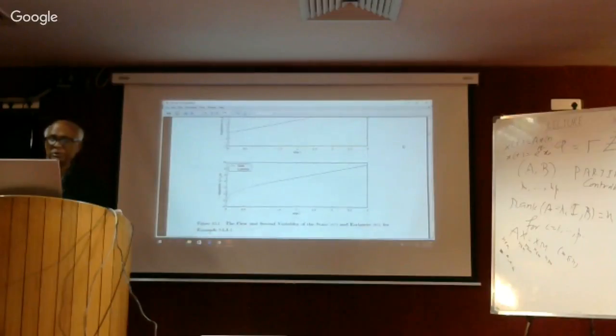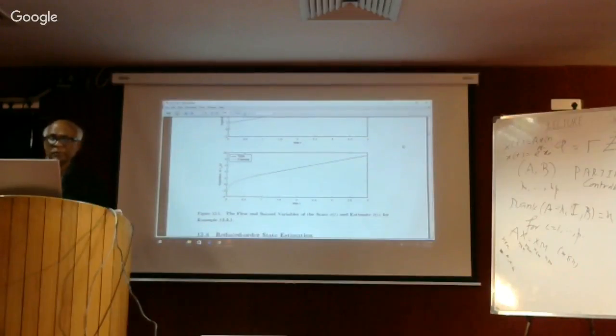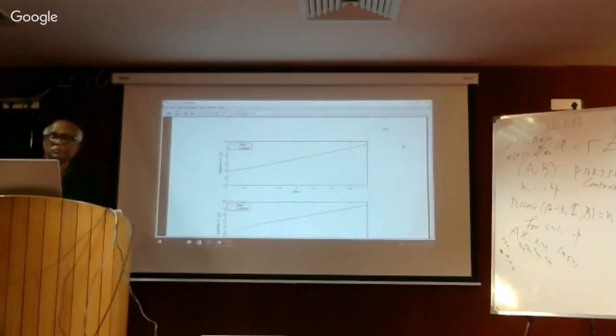There are three components. The solid line represents the state, and the broken line is the estimate. And so the second component of x is estimated very accurately.